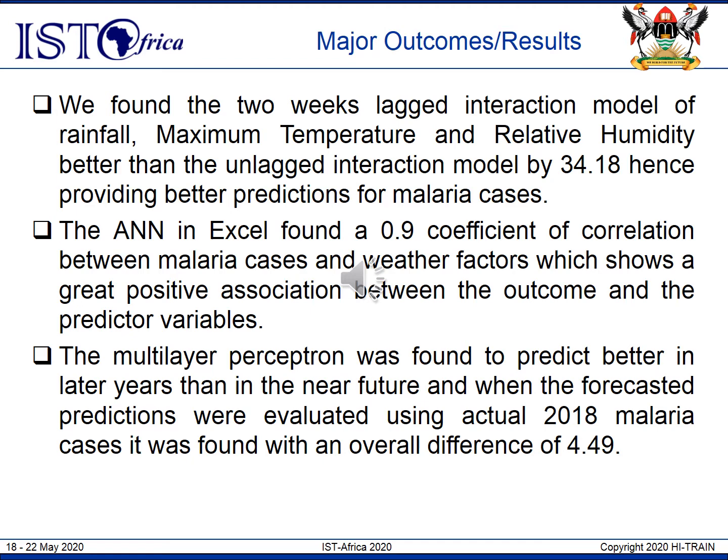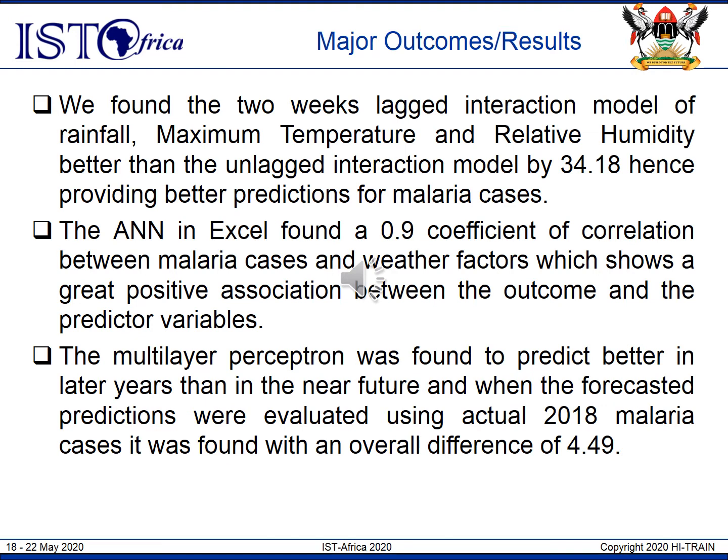And our multi-layer perceptron was found to predict better in later years than in the near future, and when the forecasted predictions were evaluated using our actual 2018 malaria cases data, it was found with an overall of 4.49 difference.